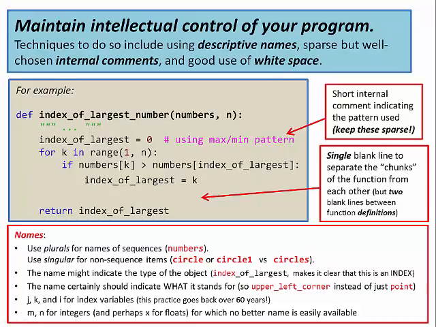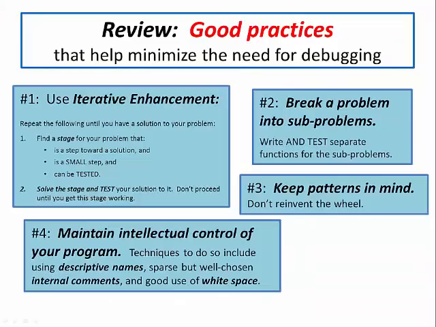So, to review, you should always use iterative enhancement. I can't emphasize that too strongly: you find a stage, get that stage working. Find another stage that's getting closer to your solution, get that stage working. It's critical that at each stage you can test whether it's working.